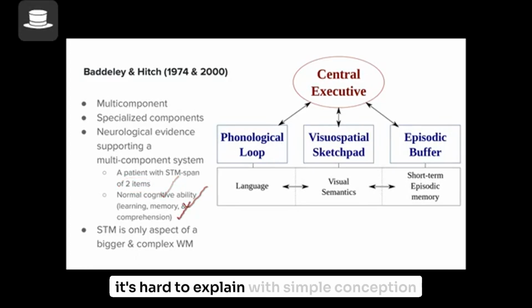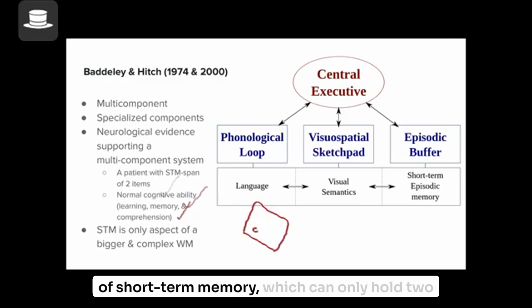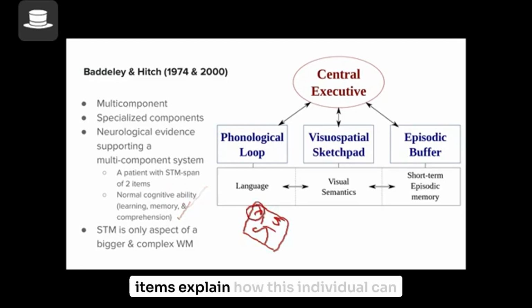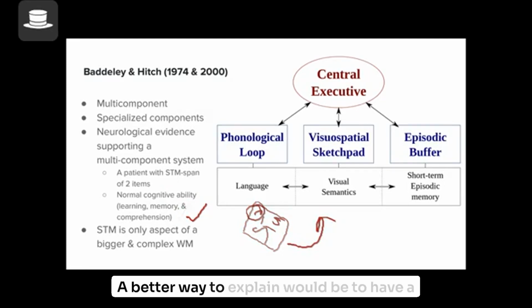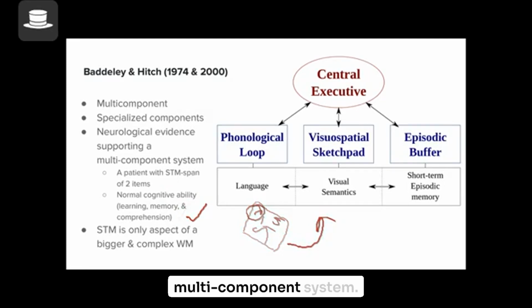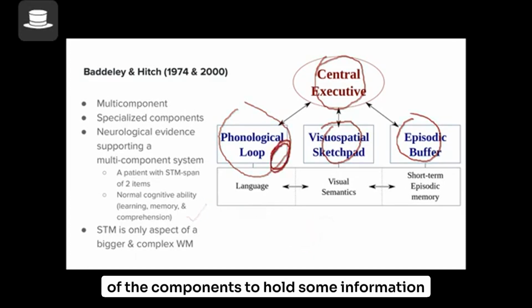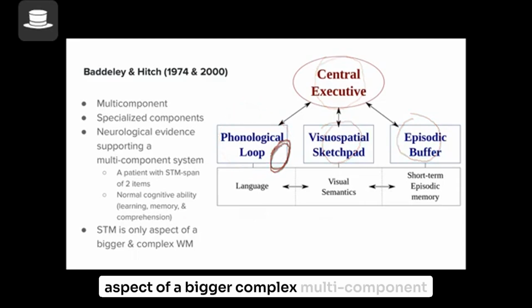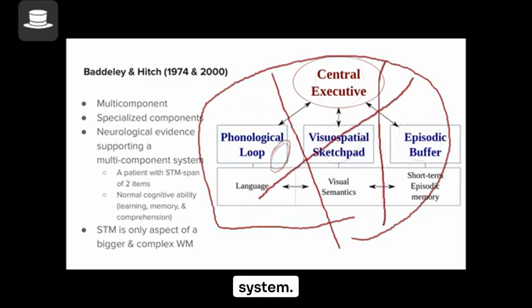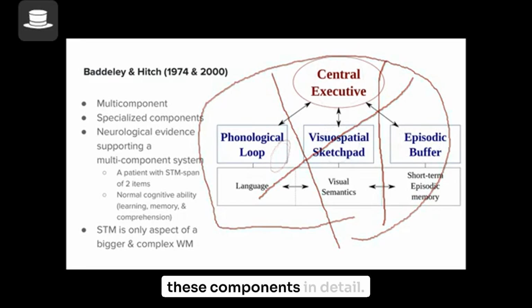It's hard to explain with a simple conception of short-term memory, which can only hold two items, how this individual can normally perform cognitive abilities. A better way to explain would be to have a multi-component system. Short-term memory is only one aspect of one of the components to hold some information. In other words, short-term memory is only one aspect of a bigger, complex multi-component system. In the next slides, we'll talk about each of these components in detail.